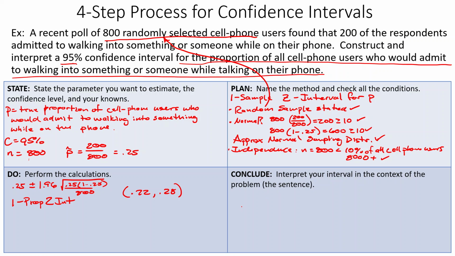And now we conclude. We write our sentence with context. So we'd say our confidence level was 95%.